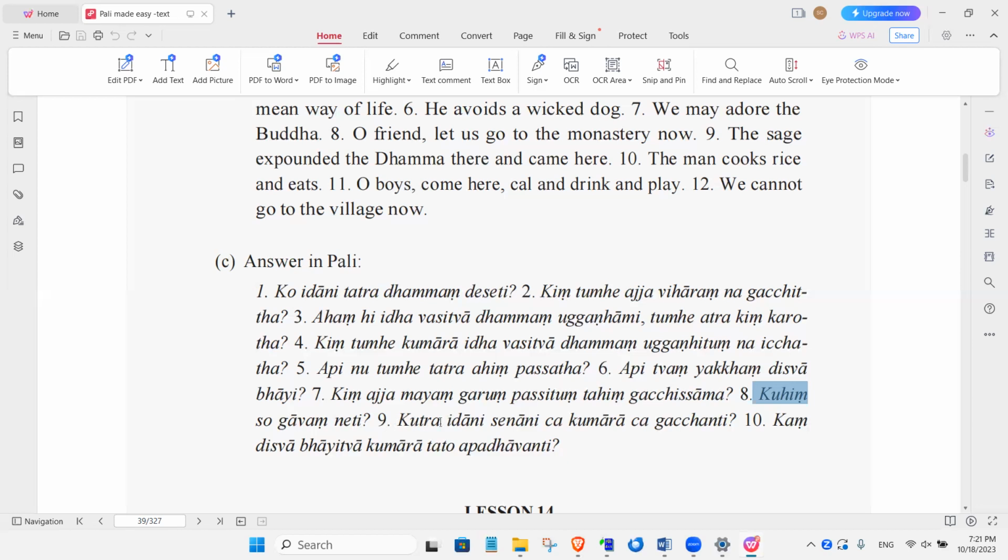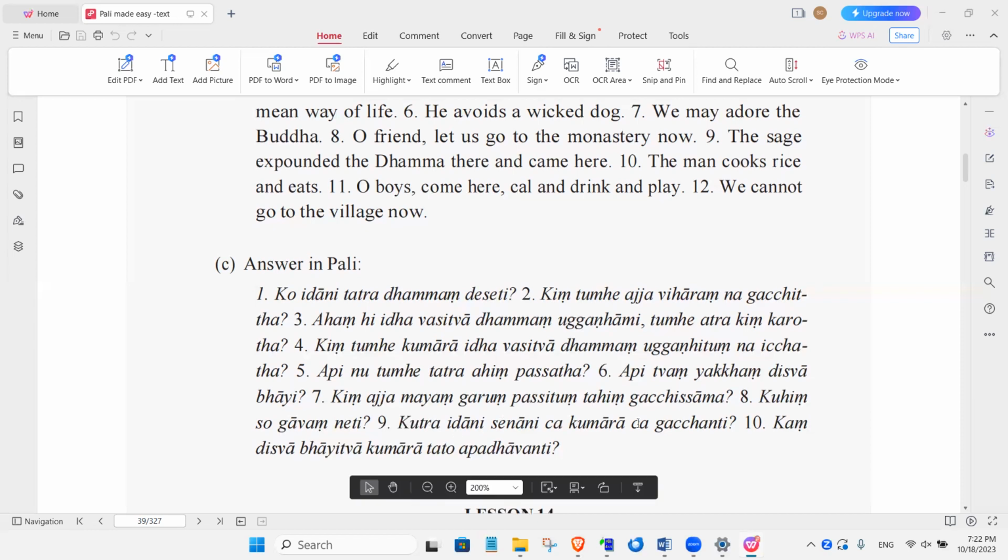Like kutra, there is also another question, where? Where are the general and the boys going now? So you should write yourself: to the village, to the monastery. So you can just change it.